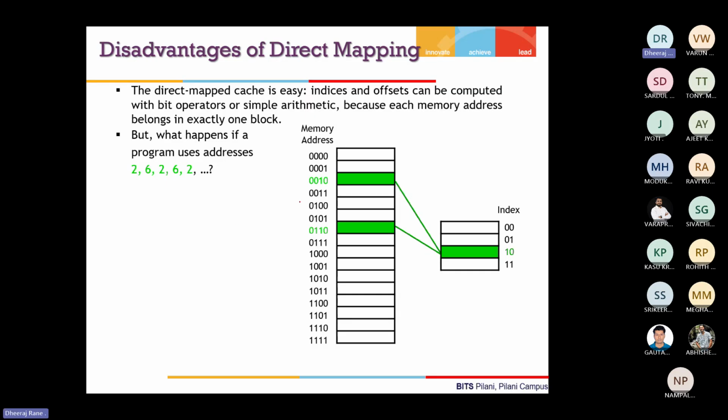Supposedly this is the memory structure, okay, and this is the cache structure. So as of now, only one block of the cache is occupied and three blocks are available, right?